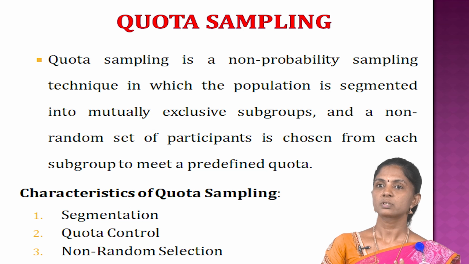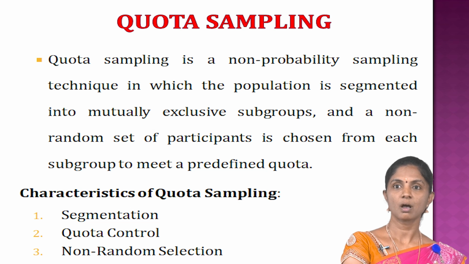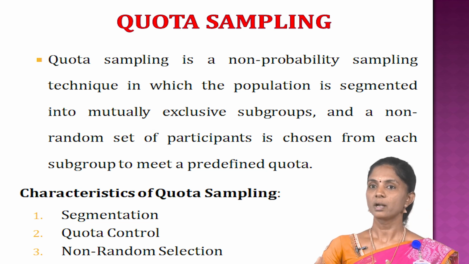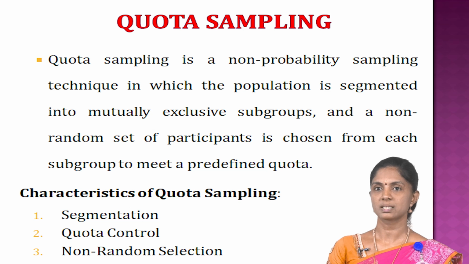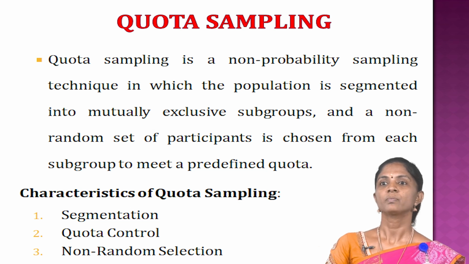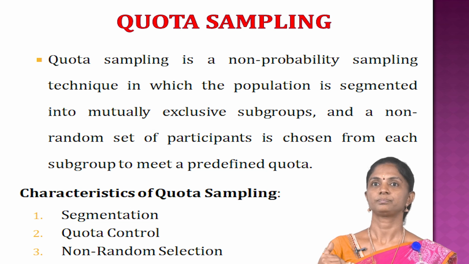Quota controls. The quotas are set for each subgroup to ensure the representation of the sample. Non-random sample. The participants within each subgroup are selected non-randomly, so it's based on convenience or judgment.